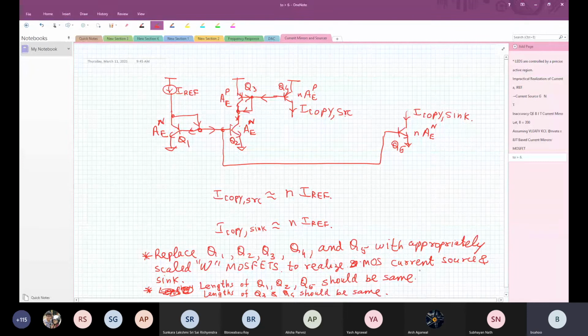These are all NMOS and these are all PMOS.